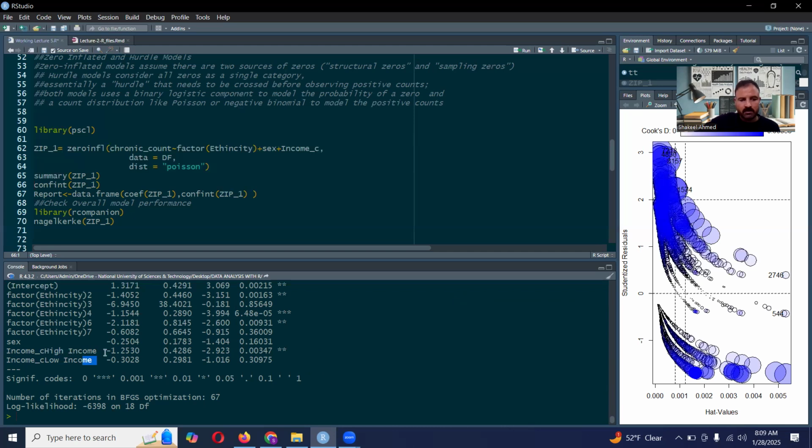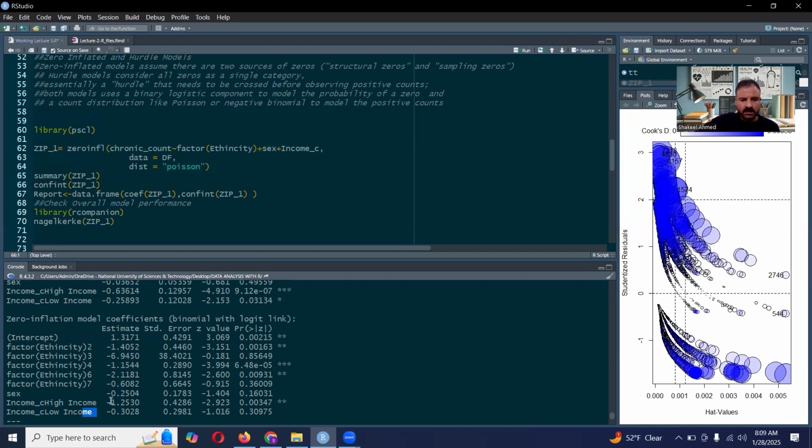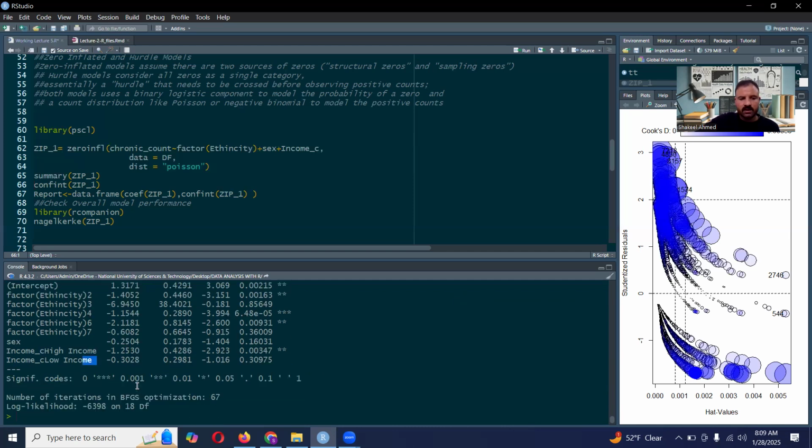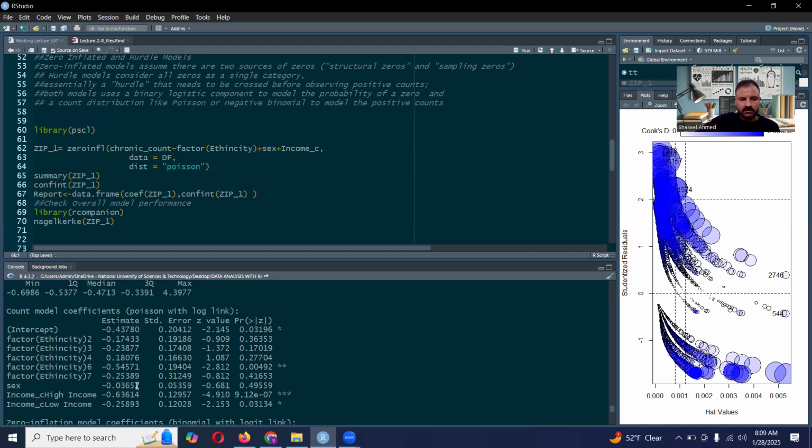Then we will have only one coefficient, from low to high, showing what impact income has on chronic conditions. So these are the coefficients which are produced after adjusting for inflated zeros.